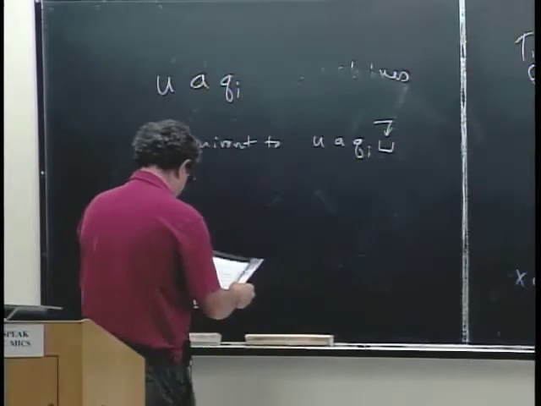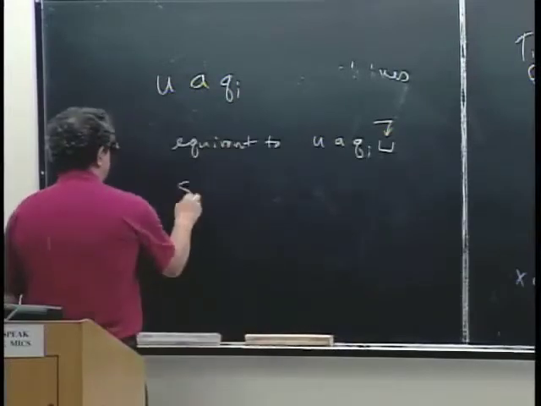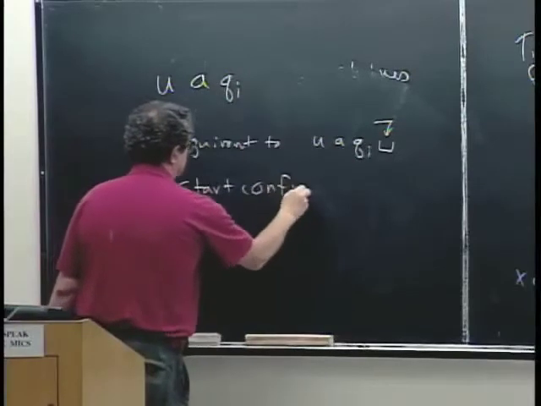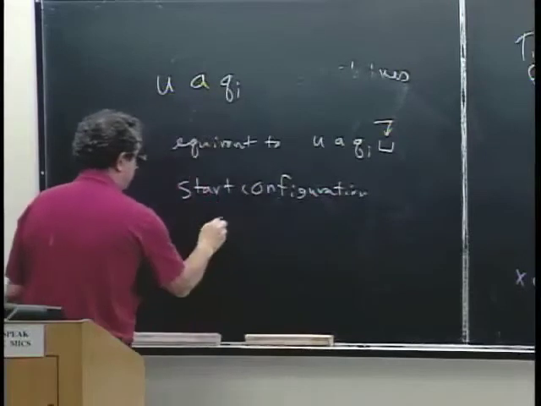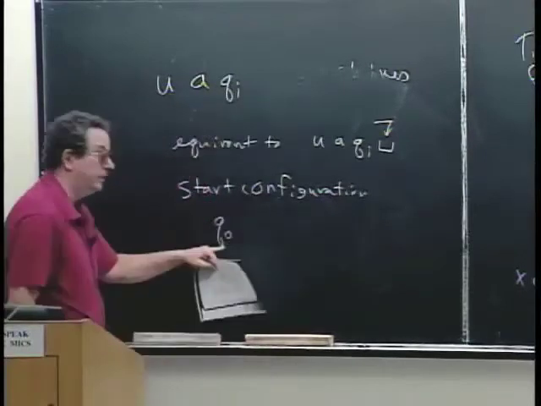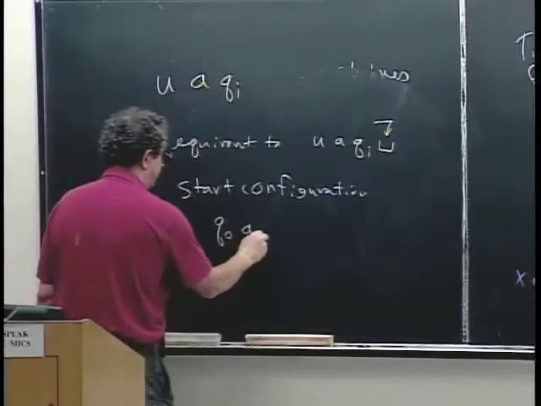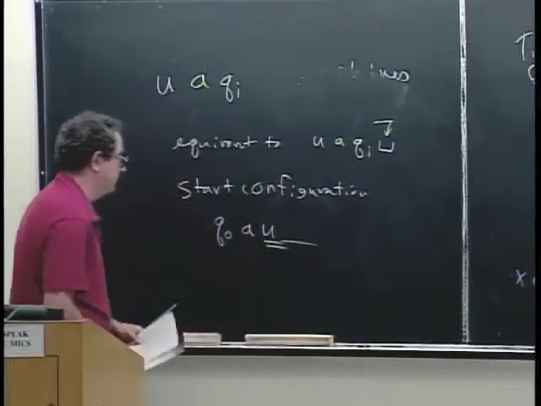All right, the start configuration. Well, that's obviously where we're in Q0. That's the start state, and then the first symbol on the tape, and then the rest of the symbols.